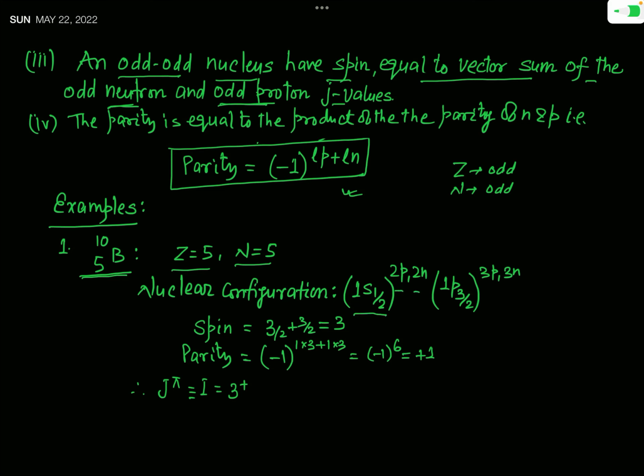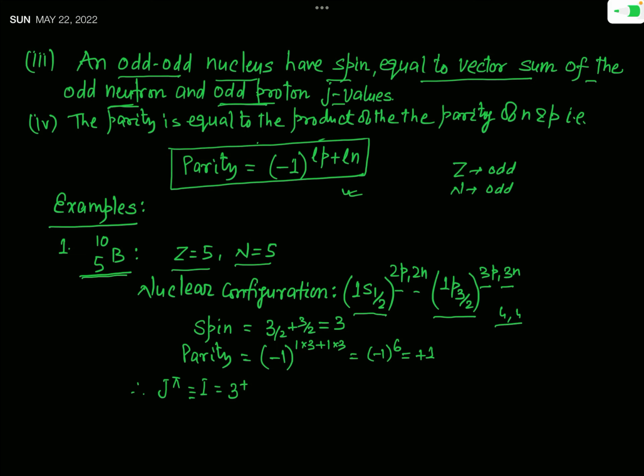I have mentioned several times how this 2 arises. Now the second subshell will be 1p 3/2, in which there are 3 protons and 3 neutrons. Although this subshell may contain 4 and 4 protons and neutrons, since our nucleus has only 5 protons and 5 neutrons, the remaining number is only 3, because 2 have already been accommodated in the first shell.